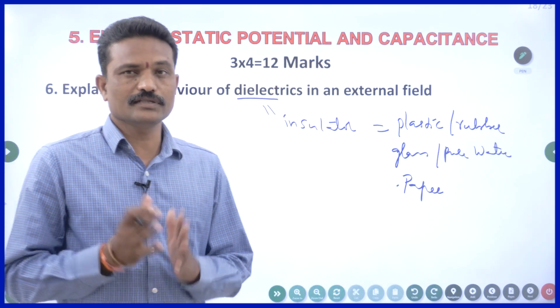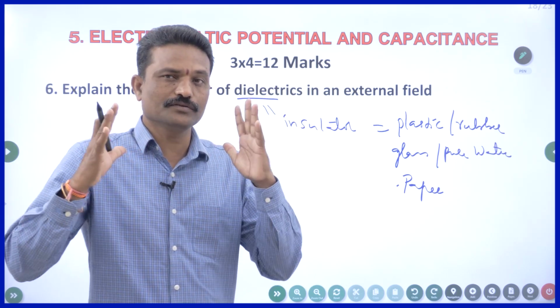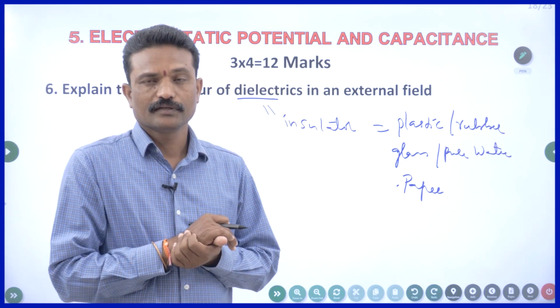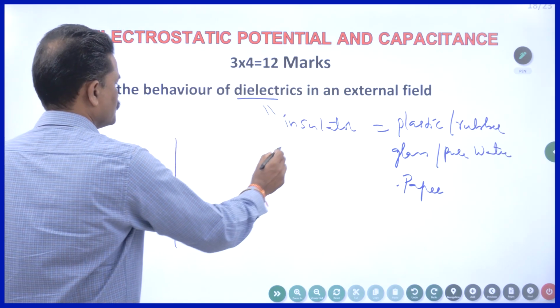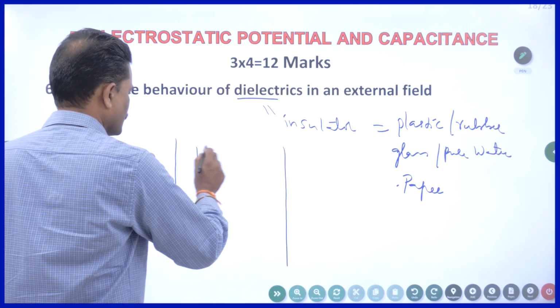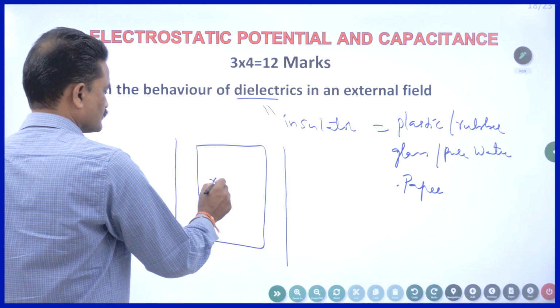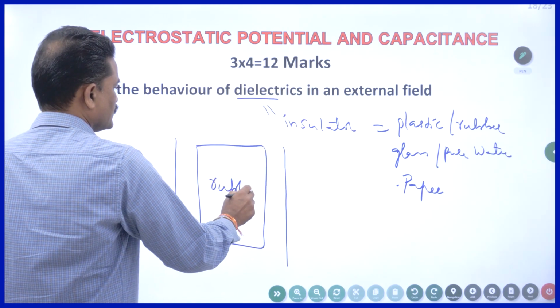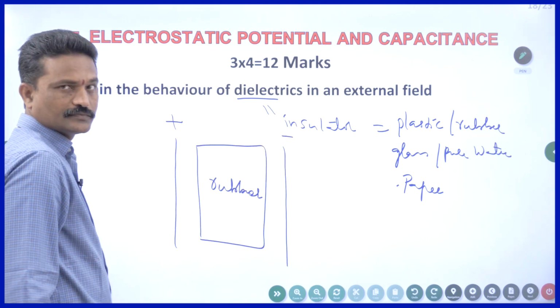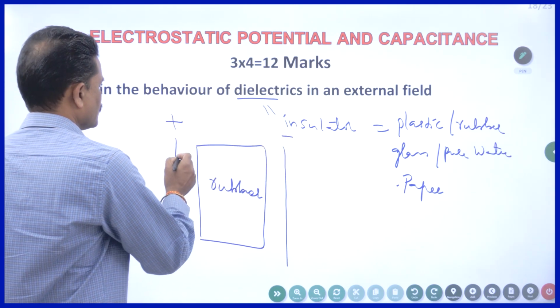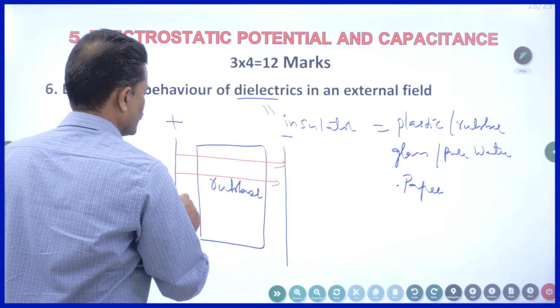What happens to these insulators placed in a uniform electric field? The best way to get uniform electric field is place those, let us say this is the rubber sheet, in between the two plates of the capacitor. So these two plates of the capacitor produce uniform electric field E.